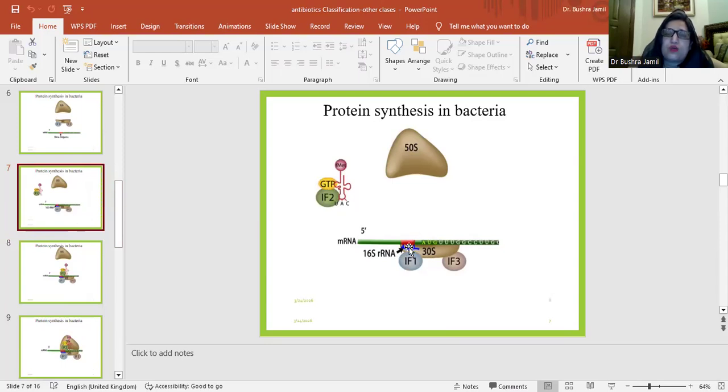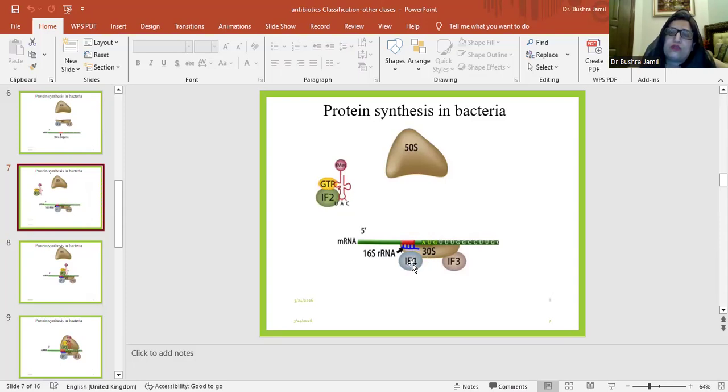So it binds firmly to the Shine-Dalgarno sequence, and it is upstream of the actual start codon. The purpose of this binding is to align the ribosome at the specific, you can say the appropriate site from where the translation can be started.